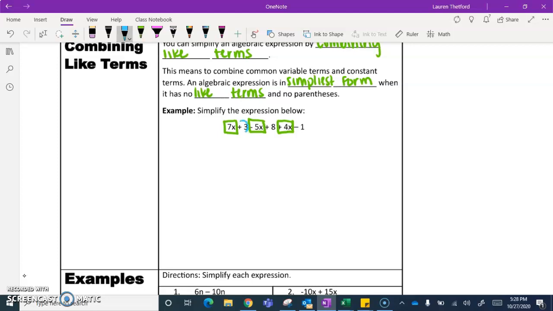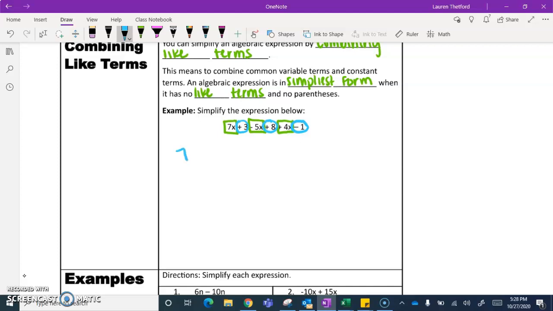Then I'm going to circle everything without a variable and include all the signs in front of it. Now it's easy for me to see which ones can be combined and which ones can't. Anything boxed in, which is in green on my screen, I can combine together.